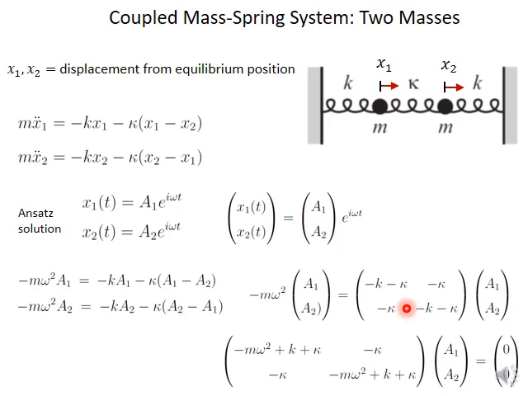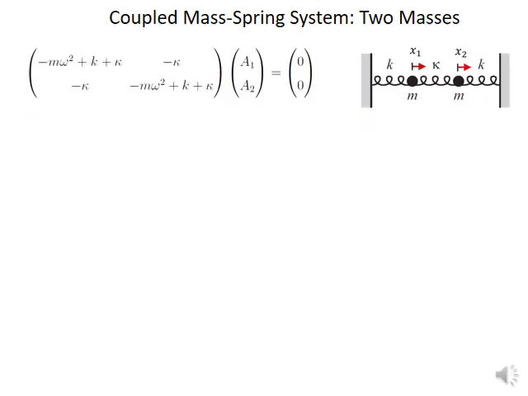Later on we will see these are really complex numbers. But anyway, this column combination of these two complex numbers can be written in this vector. So we do have these two mass systems, mass spring systems which are coupled, and we have these equations for them.